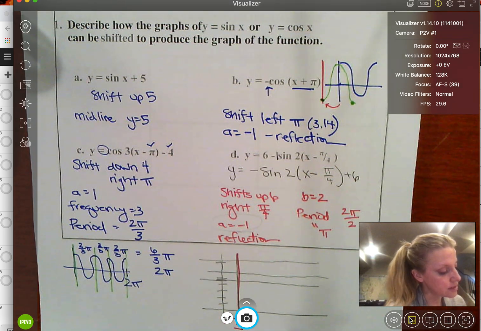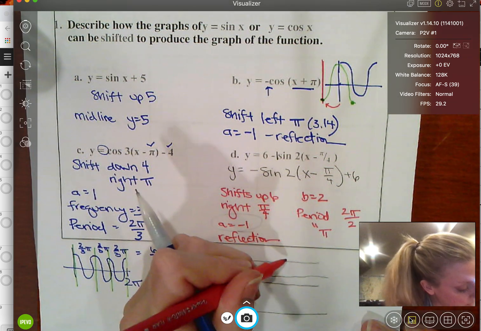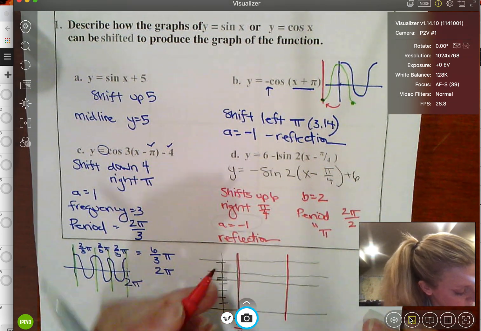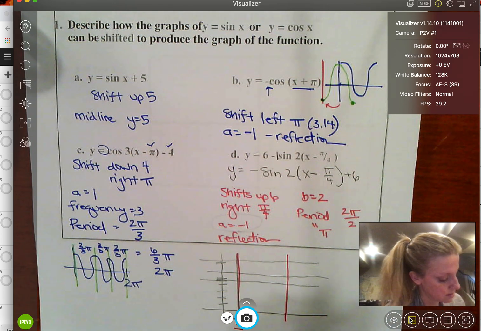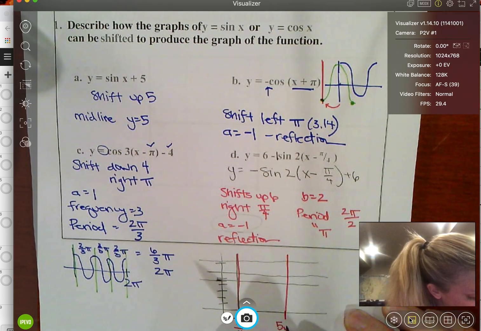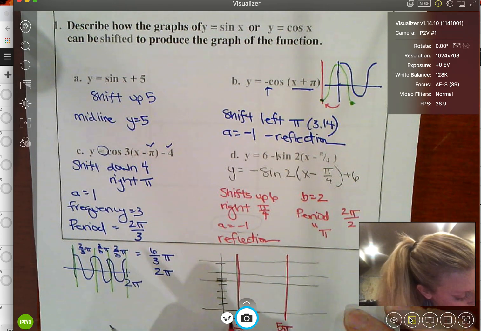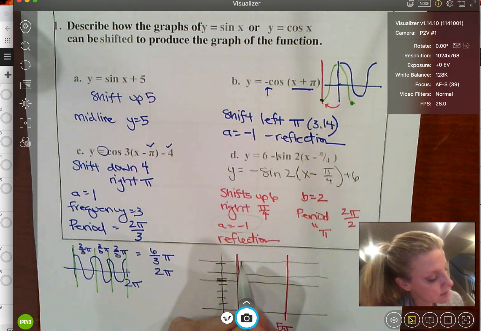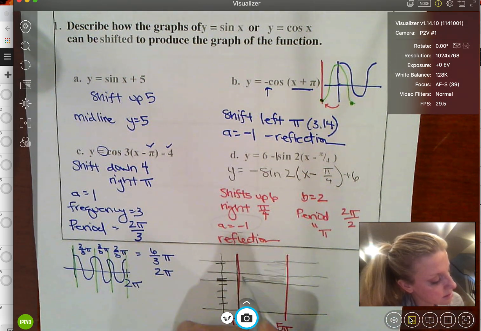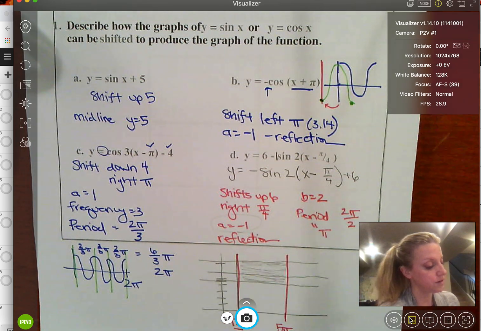And then if it only has a period of pi, that means the right wall will be at 5 pi over 4, because that's 1 pi over 4. All right, this is the ceiling. There's the basement, so it's going to fit into there.